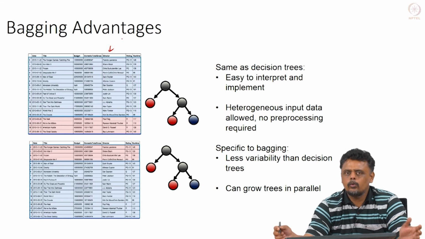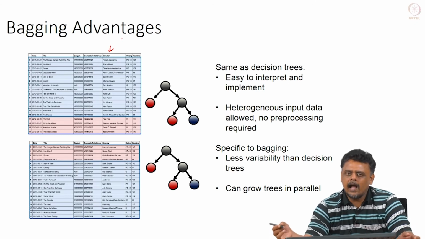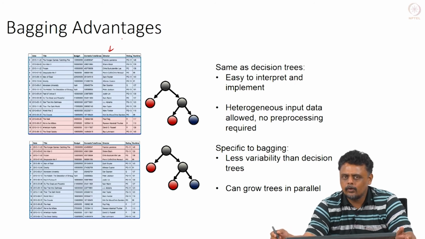Even though you are selecting bootstrap samples of data, the first split is going to be on the director. So, all the trees that you train are correlated, and if you average over a bunch of correlated variables, you do not get such a huge reduction in variance. So, that is not great.